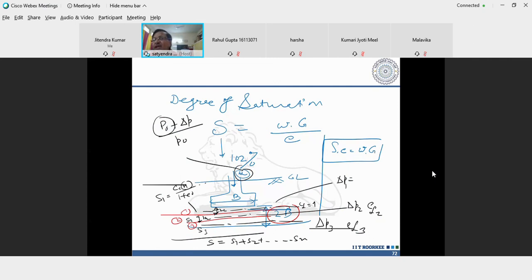So you can read yourself, and in case of any doubt, although we will be discussing this part in the next semester when we teach you foundation engineering. But since Rahul had asked a very good question, it is my duty to explain how the S is calculated and what is the importance of S.